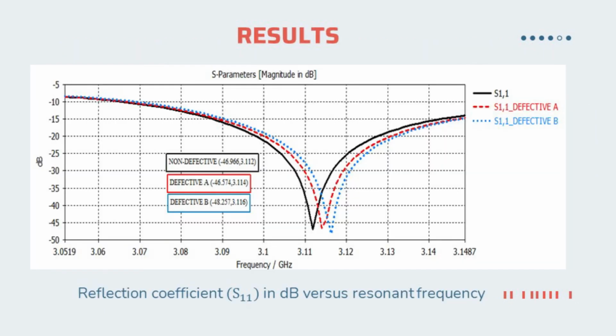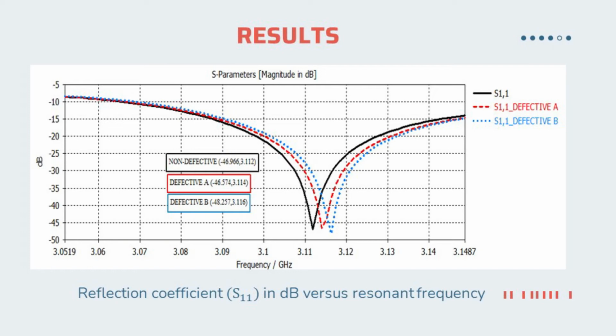This figure shows the reflection coefficient versus resonance frequency for non-defective MUT and defective MUT-A and B. The first resonance frequency is the non-defective MUT, recording negative 46.966 at 3.112 GHz.